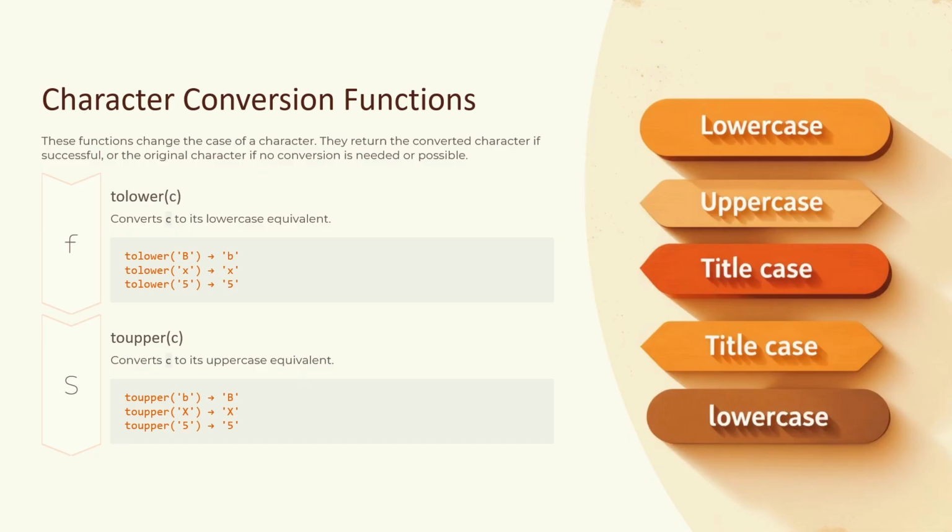Here we have one more example, toUpper of 5. 5 is a digit, but it is going to be read as a character and it will be only 5. When the conversion is not possible, the original character is returned. These functions are extremely useful for case-insensitive comparisons, such as searching text without worrying about letter case differences.